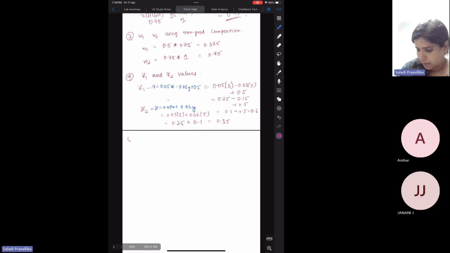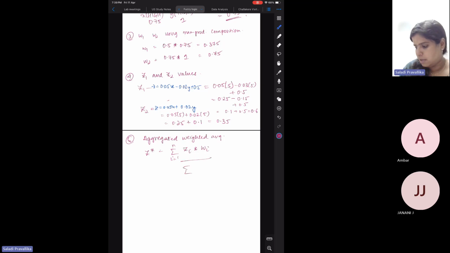Once that is done, now find the aggregated weighted average. So it is Z star equals the summation from i equal to 1 to N of Zi into Wi, divided by the summation from i equal to 1 to N of Wi.